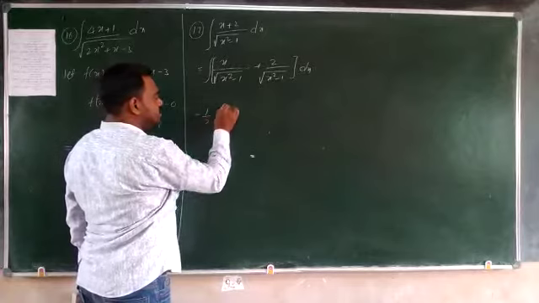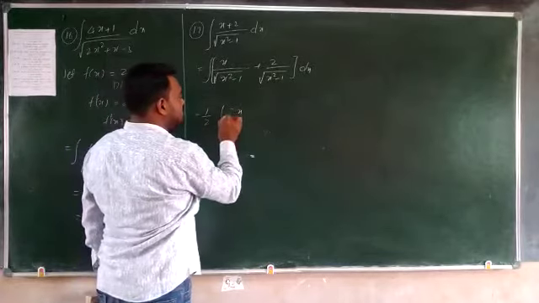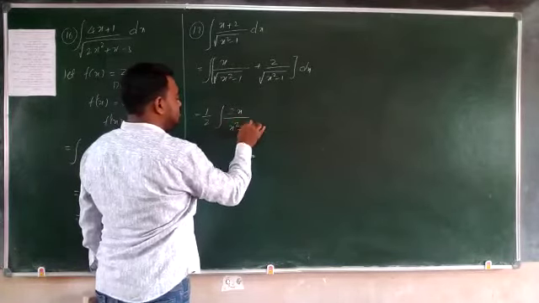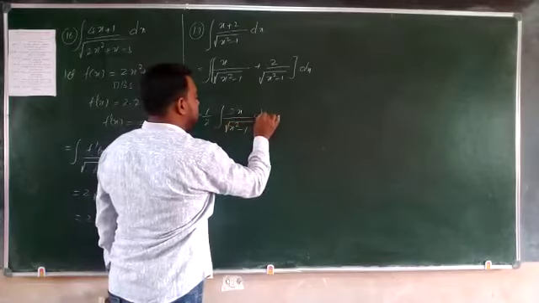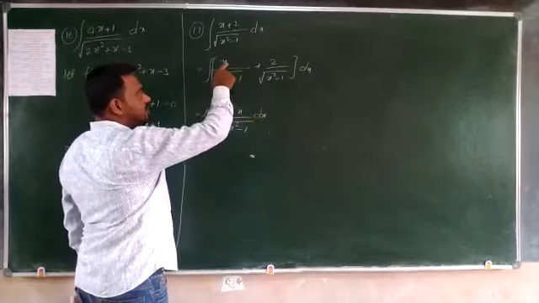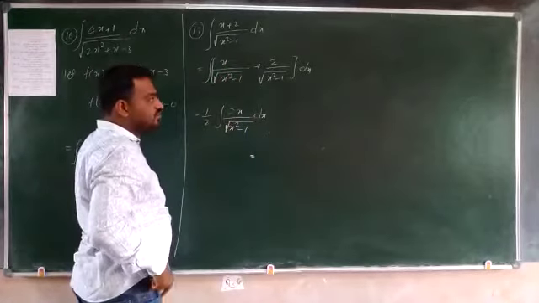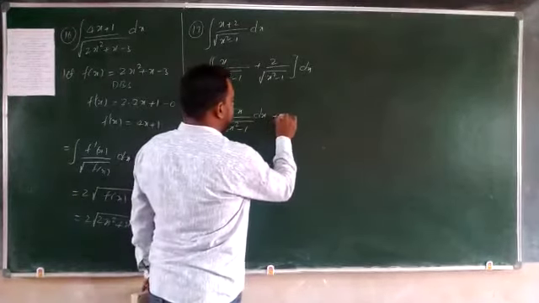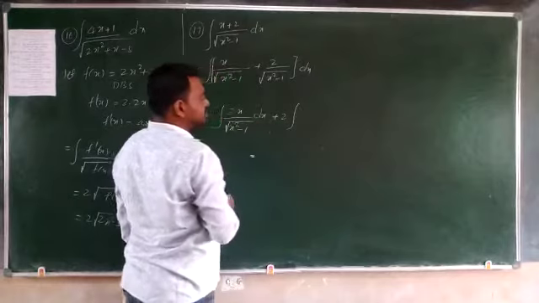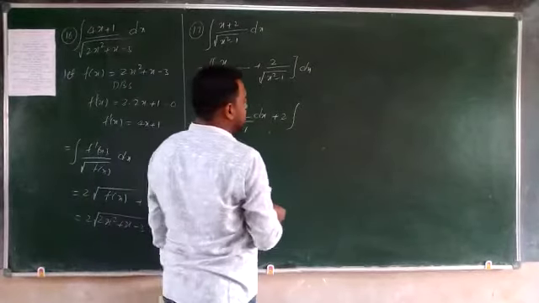So 1 by 2 into the integration of 2x by square root of x square minus 1 into dx. What I did: x multiplied with 2 and at the same time divided with 2. Plus 2 is a constant, so I am writing it before the integral.